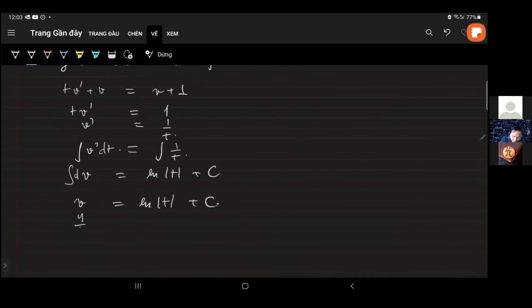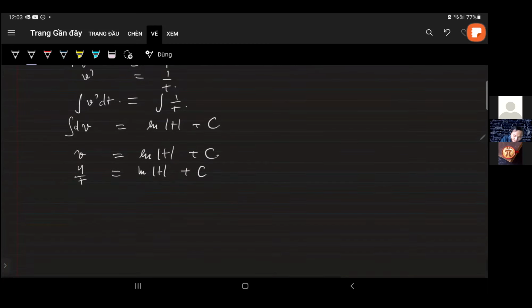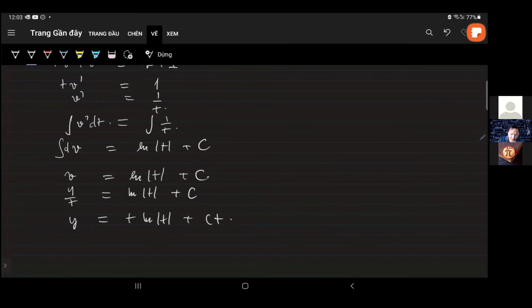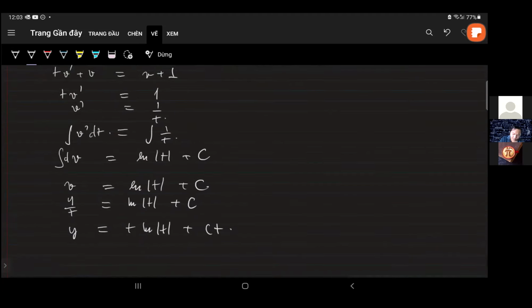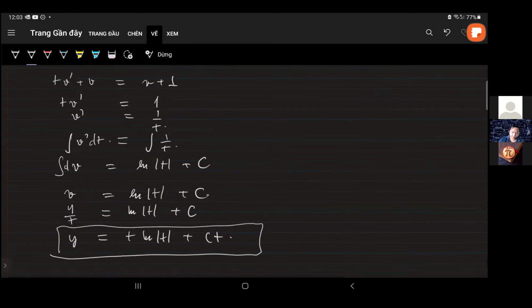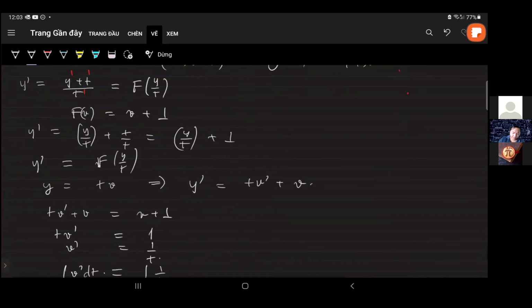You have y over t equal to log of t plus some constant, and y becomes t times log of the absolute value of t plus ct. So that is how you get the solution for this. This is an explicit form because you can write y as a function of t. That one is fairly simple.